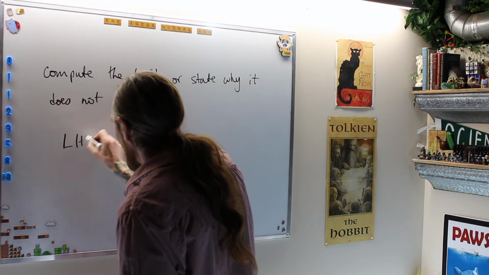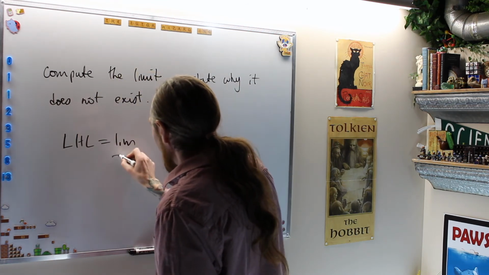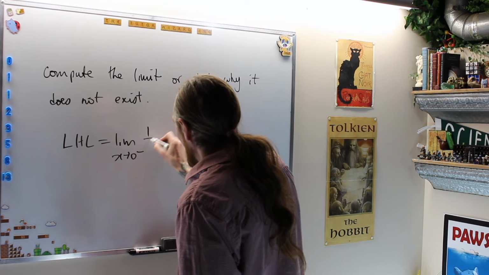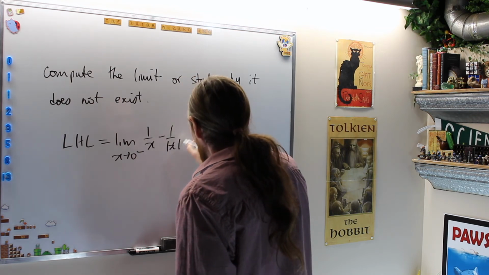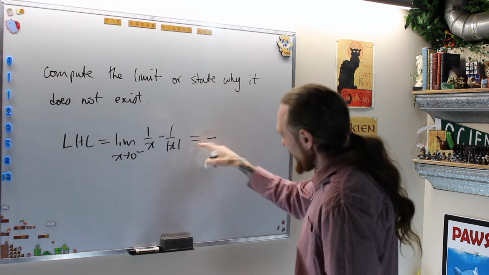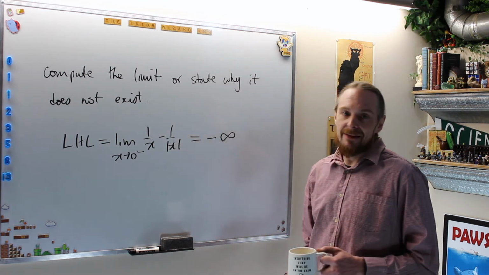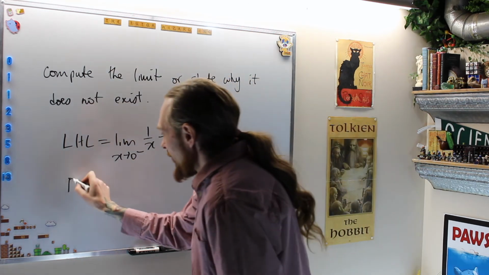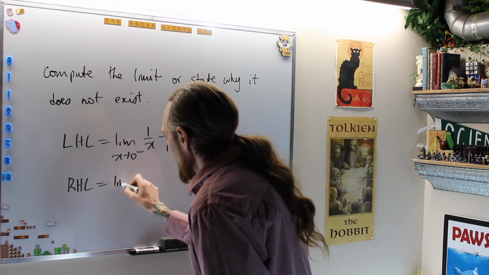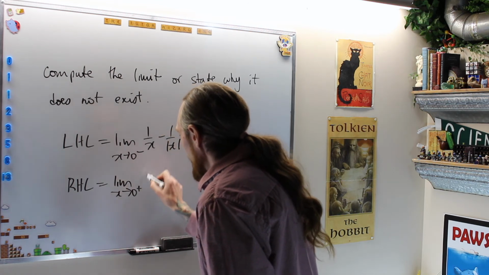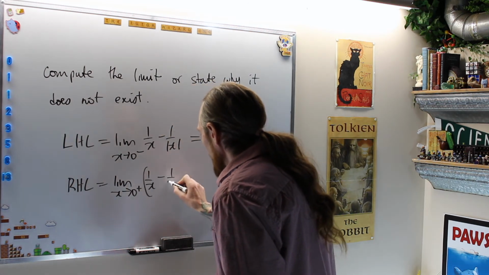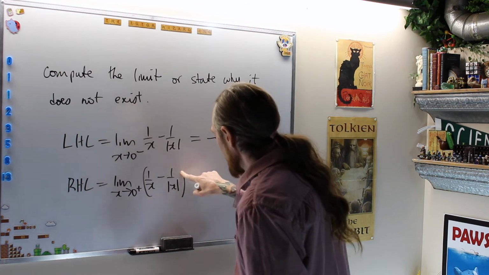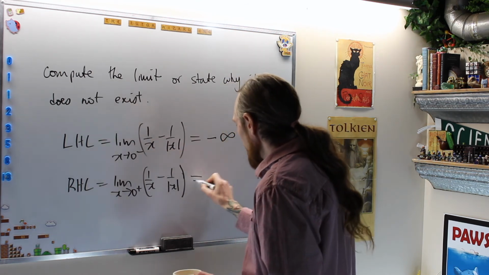The left-hand limit is equal to the limit as x approaches 0 from below of 1 over x minus 1 over the absolute value of x, which we found was, I'm abusing the notation, equal to negative infinity. And then the right-hand limit is equal to the limit as x approaches 0 from above of 1 over x minus 1 over the absolute value of x, which was equal to 0.